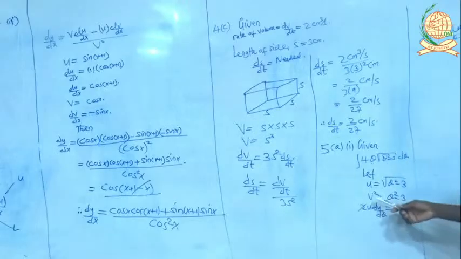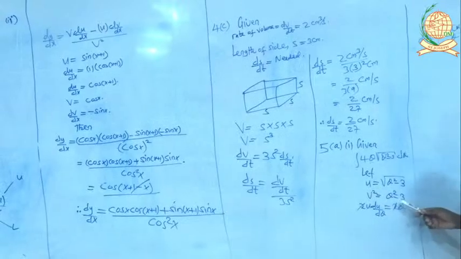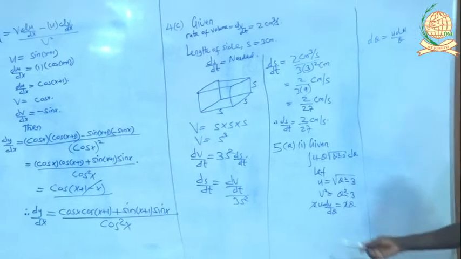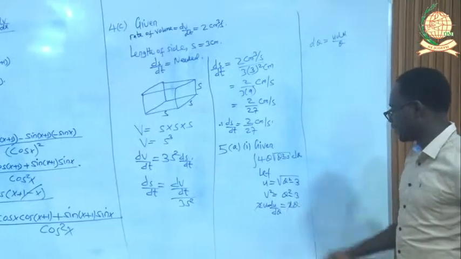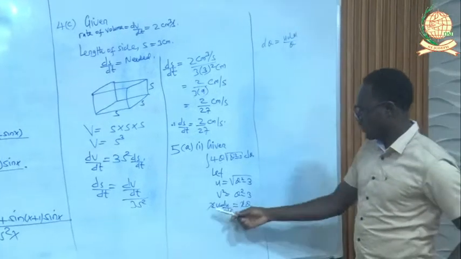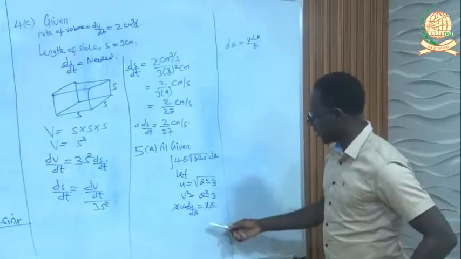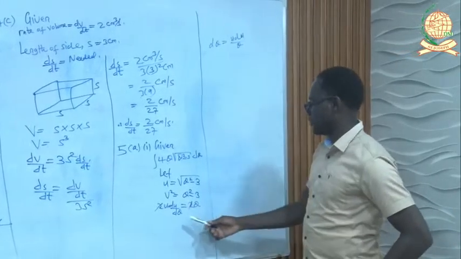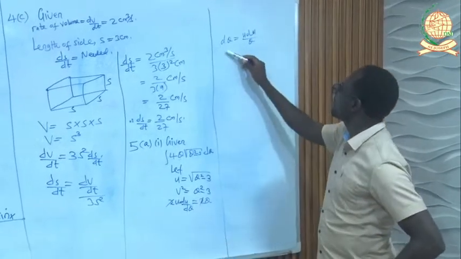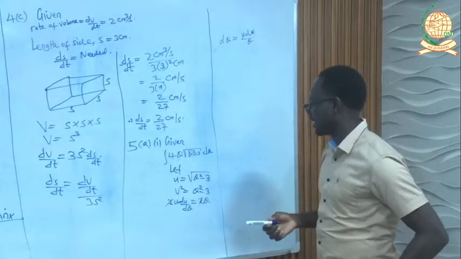Square both sides. u squared will be equal to θ squared minus 3. Then you differentiate u with respect to θ. We're going to have 2u du over dθ equals 2θ. Then make dθ the subject, which is dθ equals u du over θ.